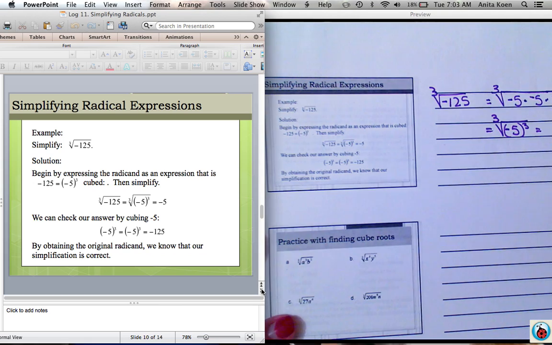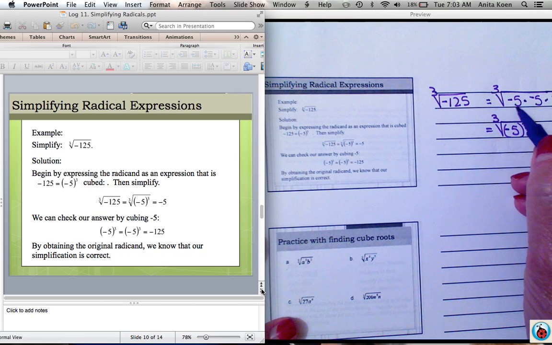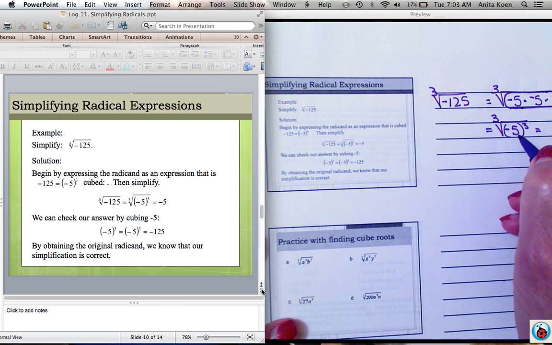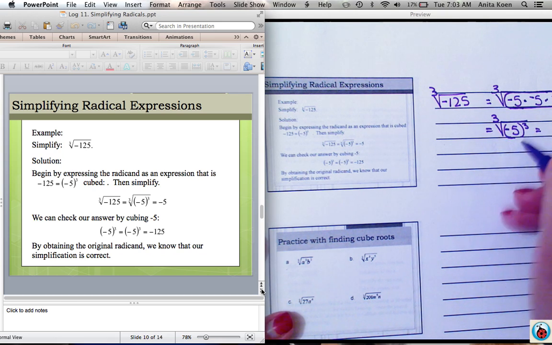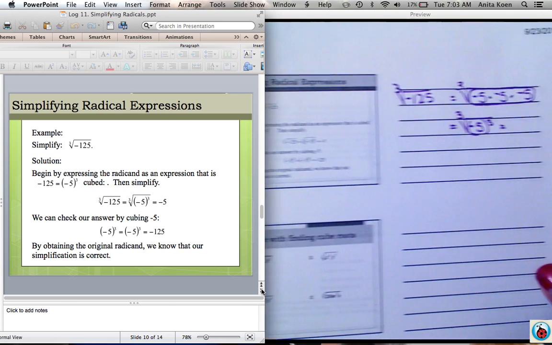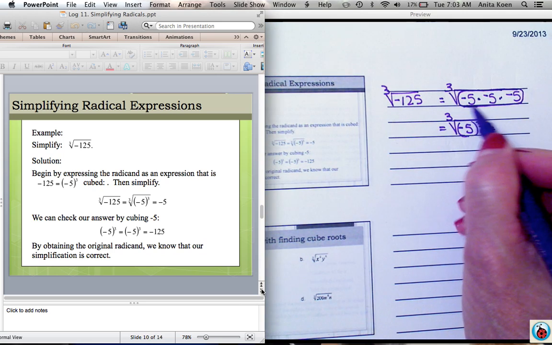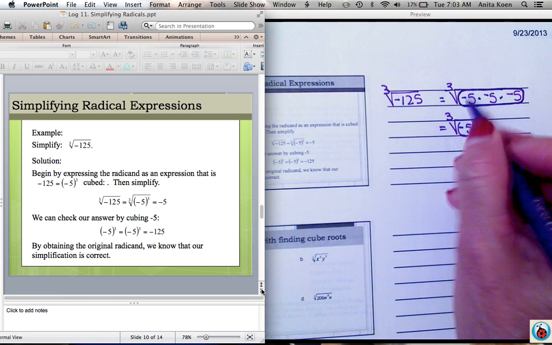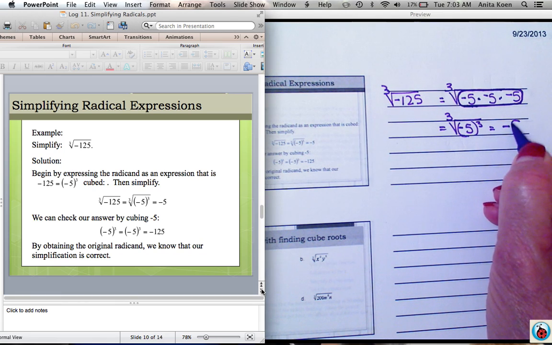So what this is saying is that every group of 3, now instead of just every group of 2, and this is a short way to write a group of 3 negative 5s, every group of 3 gets to come out of the radical as 1.